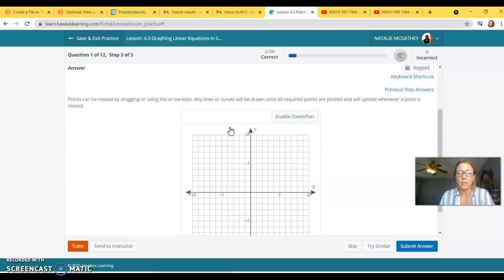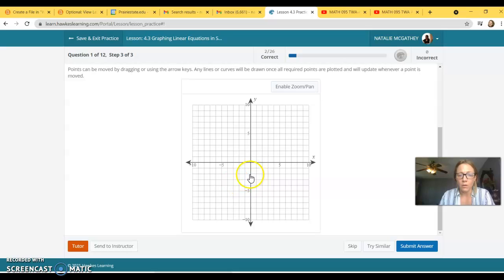So I'm going to use the down 3 over 4. So 1, 2, 3 over 1, 2, 3, 4 to plot the second point on this graph. And then, hold on. Down 3 over 1, 2, 3, 4. I should have had it up here.